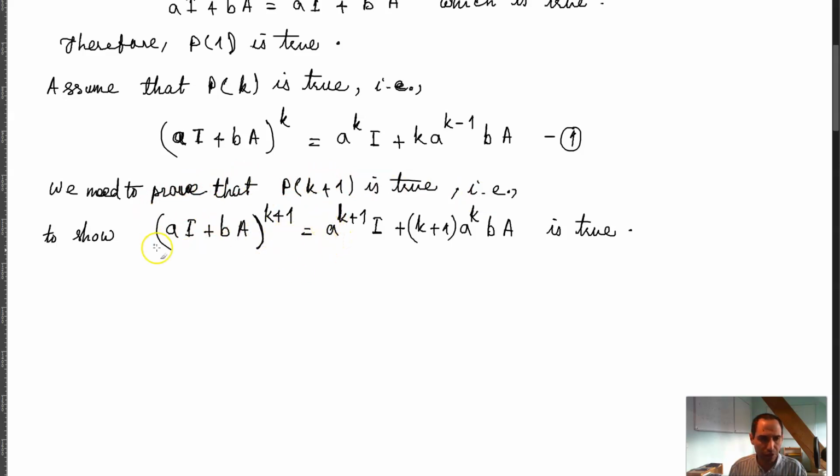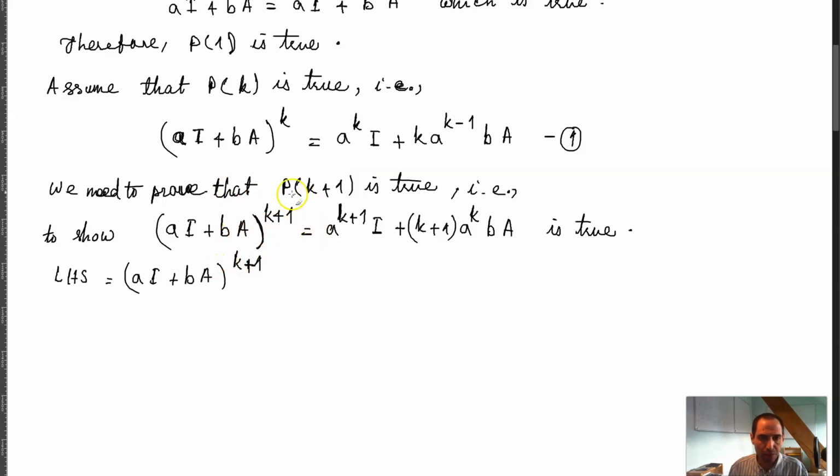Now the LHS of P(k+1) is equal to (aI + bA) raised to the power k+1, right? I want to show that this is actually equal to this, meaning that this equation is true.